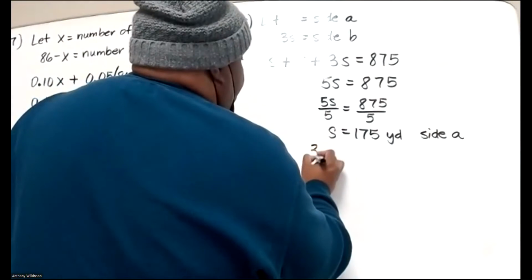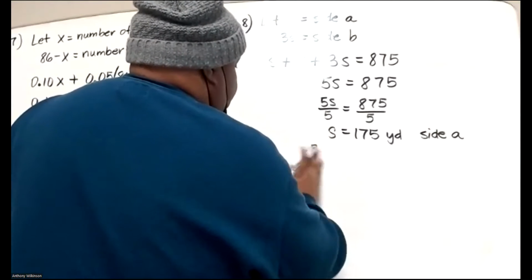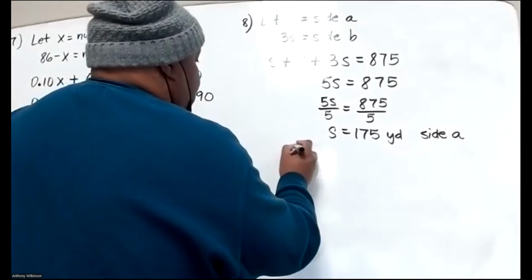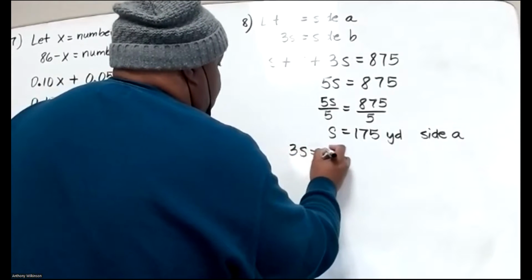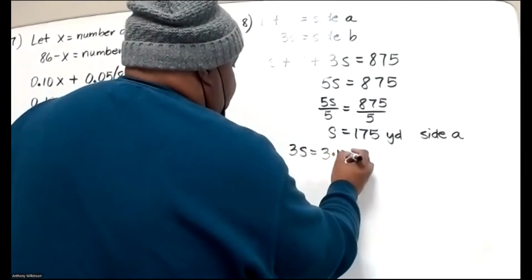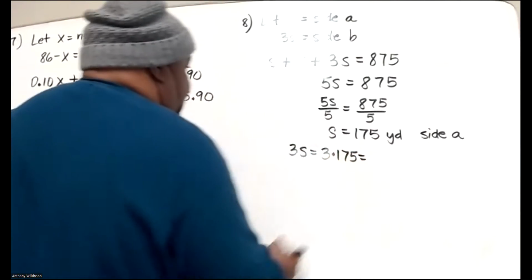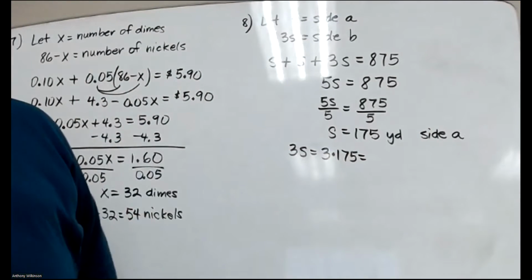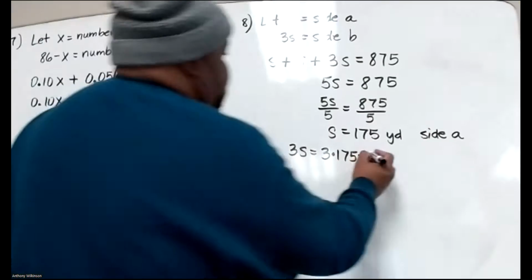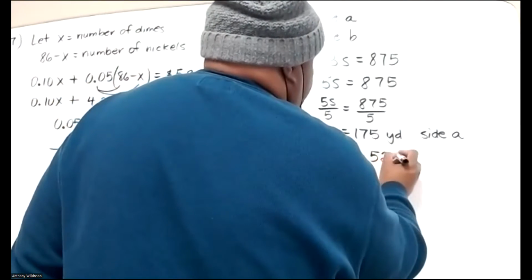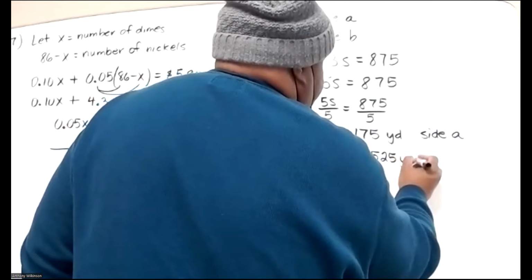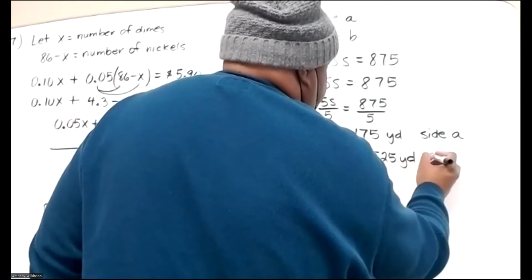And then for side B, that's 3 times S. So that means 3 times 175 is how much? 525 yards.